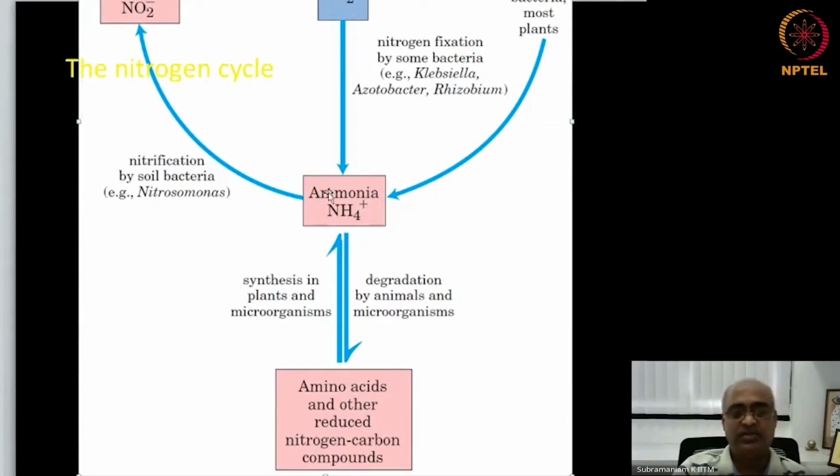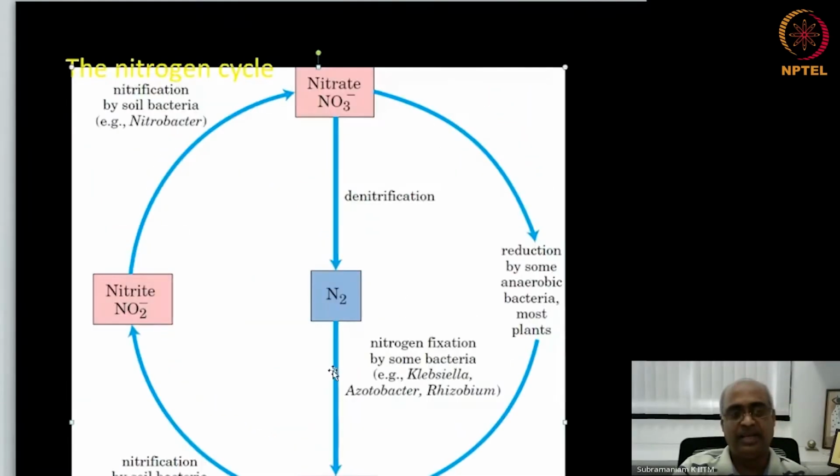We don't use ammonia directly; only plants and microorganisms do that, and for us the relevant ones are the plants, and from the plants you get all the amino acids that you need. That is how we get the nitrogen. We do not take nitrogen in any of these forms. We don't take nitrogen gas directly.